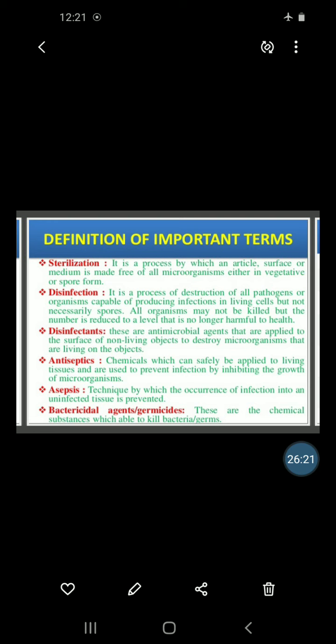So this is the note for this hot air oven. It means care should be taken, and these points should be considered during the use of the hot air oven.